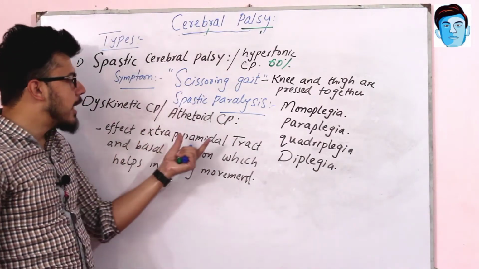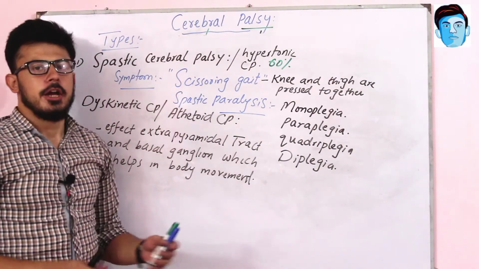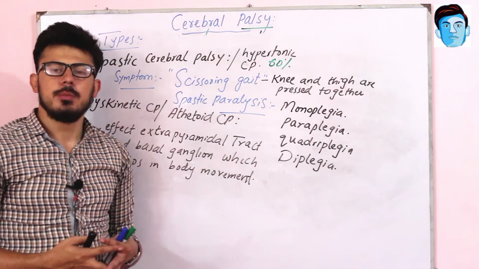Here it affects the extrapyramidal tract and also the basal ganglia, which help in body movement. It means if a defect occurs, the body movements will be disturbed.